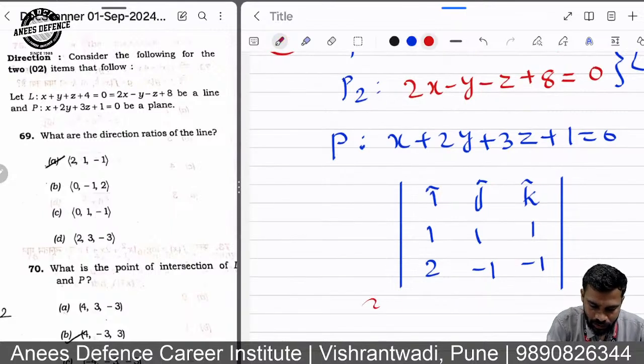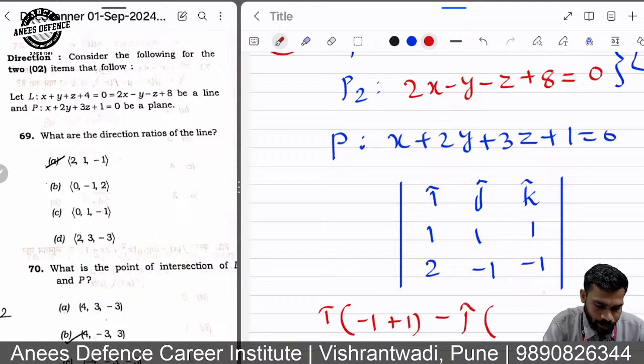So see, direction ratios will be now i times minus 1 plus 1, and minus j times minus 1 and minus 2, that will give you minus 3, and plus k times minus 1 minus 2, that is minus 3.